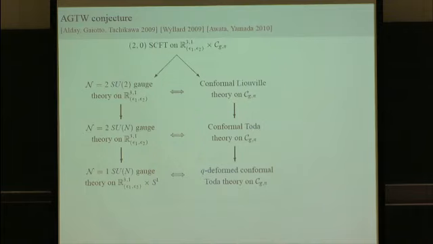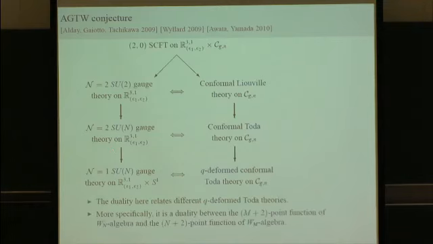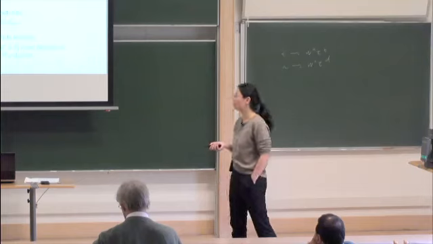Since the duality we checked is on this corner, if the five-dimensional AGT conjecture is true, then our duality would mean that there is a duality on this side as well, between m+2 point functions of the Wn algebra and m+2 point functions of the Wm algebra.